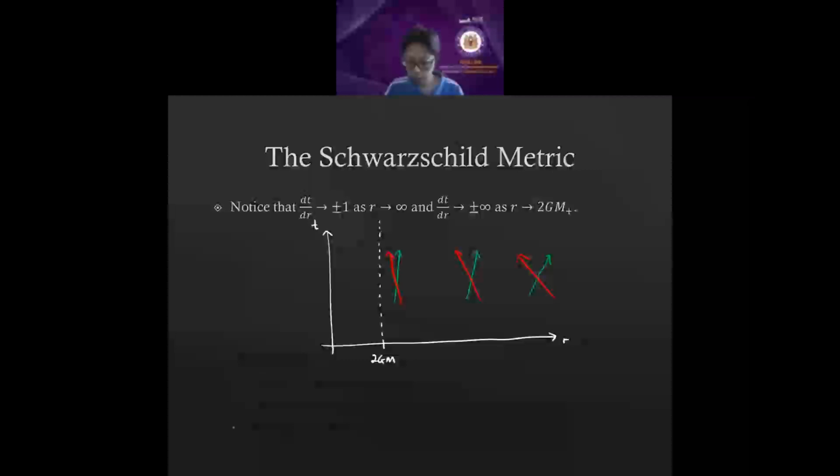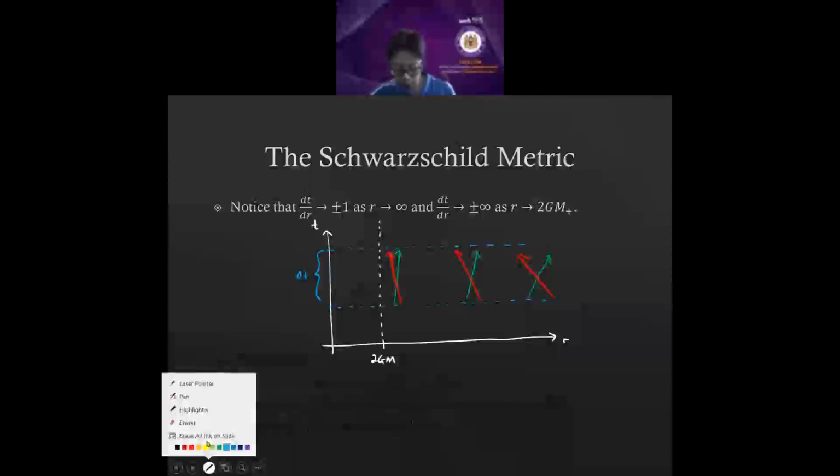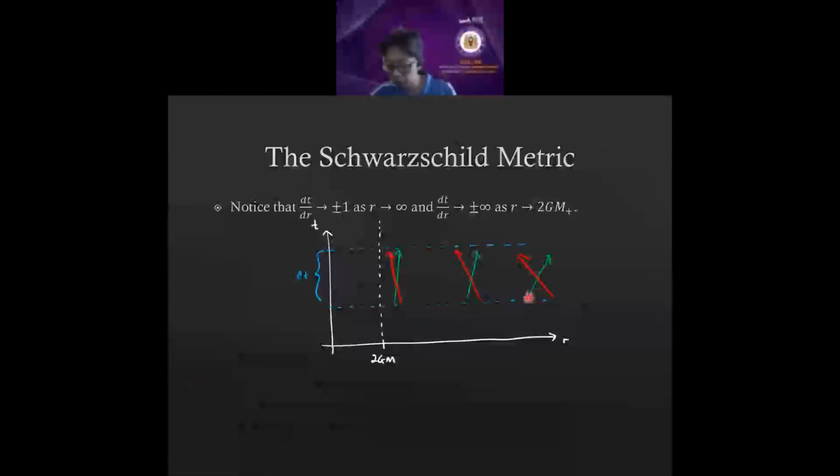And this diagram can also be used to represent what is happening within the same amount of time. So within the same amount of time, some delta t, for example, if the light starts traveling from here, then it would cover this much distance.